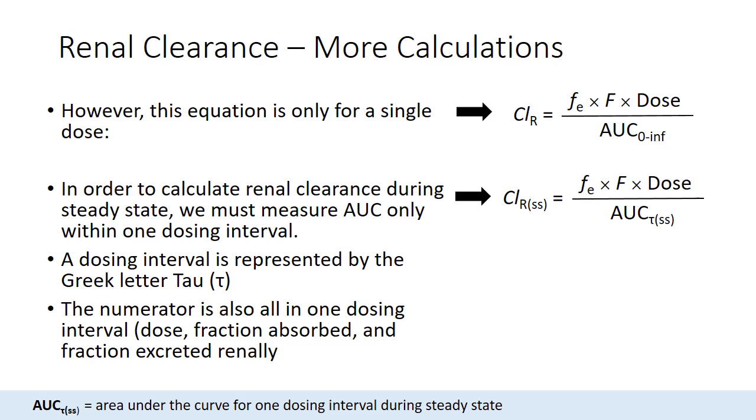The numerator is also all in one dosing interval: dose, fraction absorbed, and fraction excreted renally for the dosing interval.